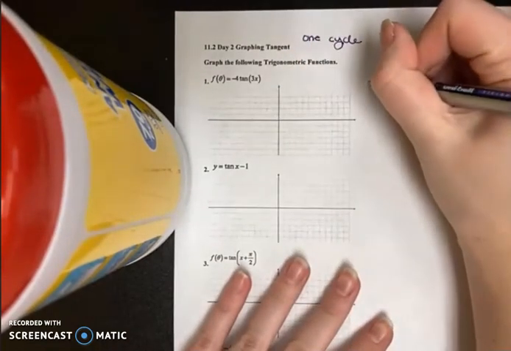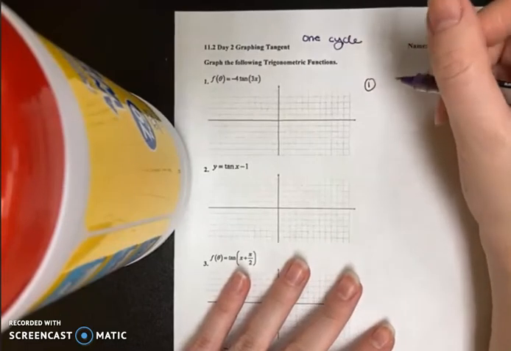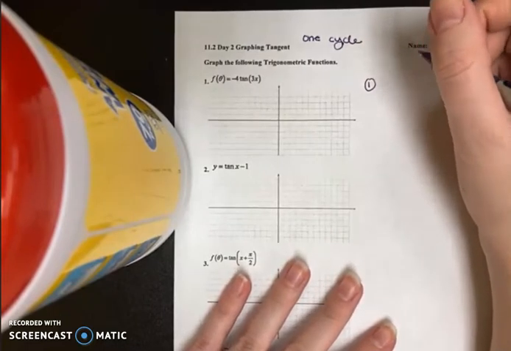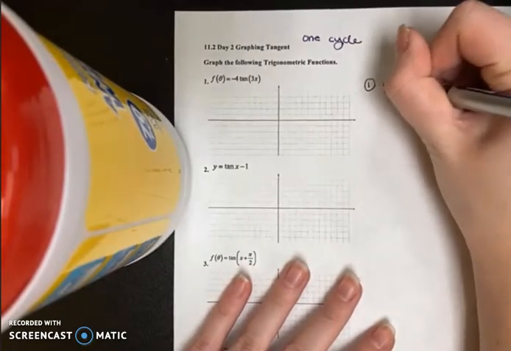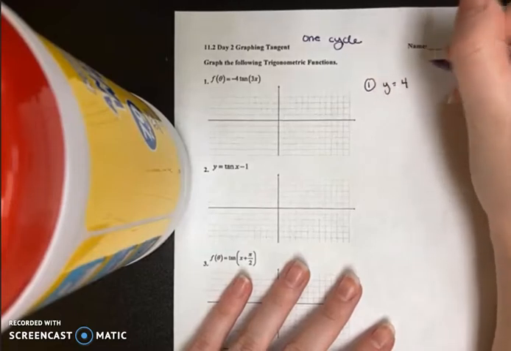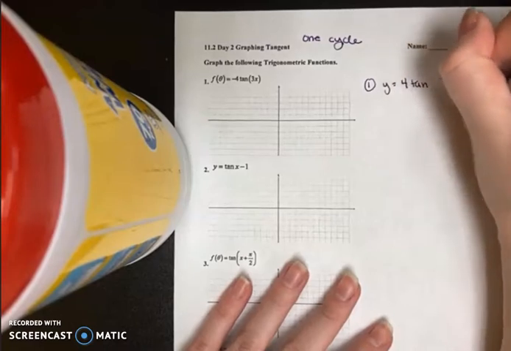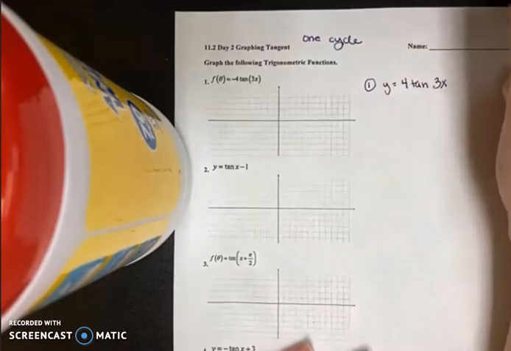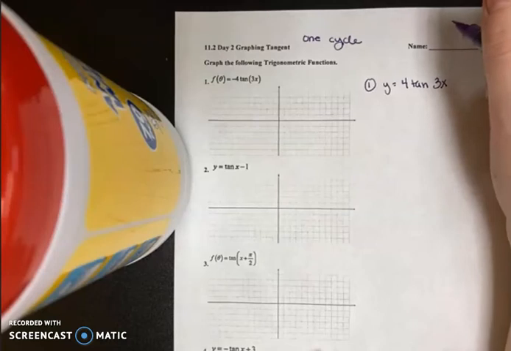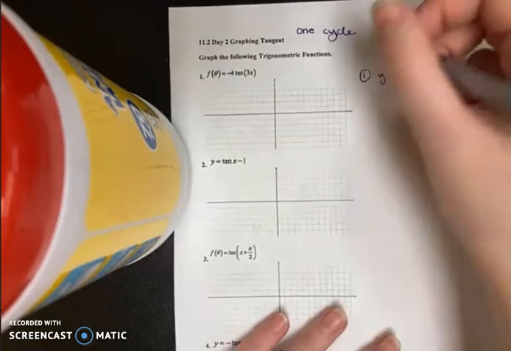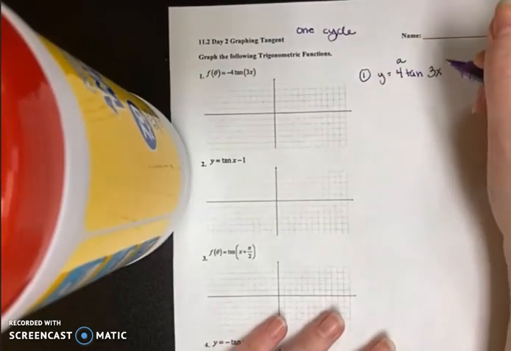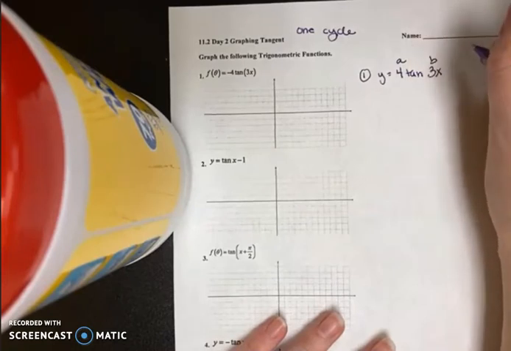The first thing that I need to do is graph the function without any transformation. So I'm going to graph y equals 4 tangent of 3x. Notice how I didn't put the negative because I don't want to do the reflection yet. So for this one, a is 4 and b is 3.